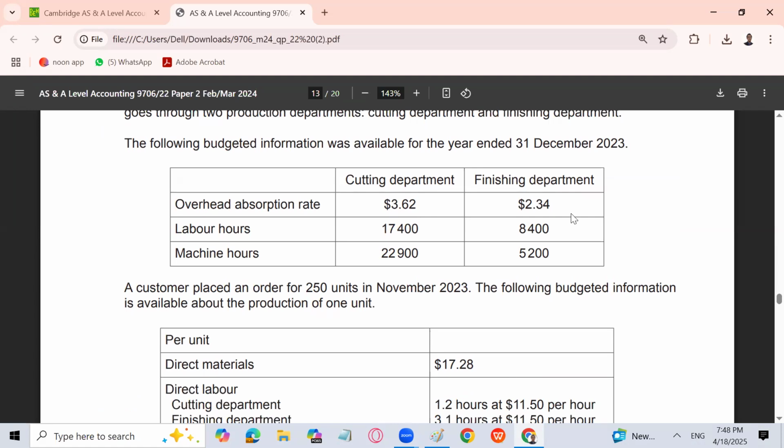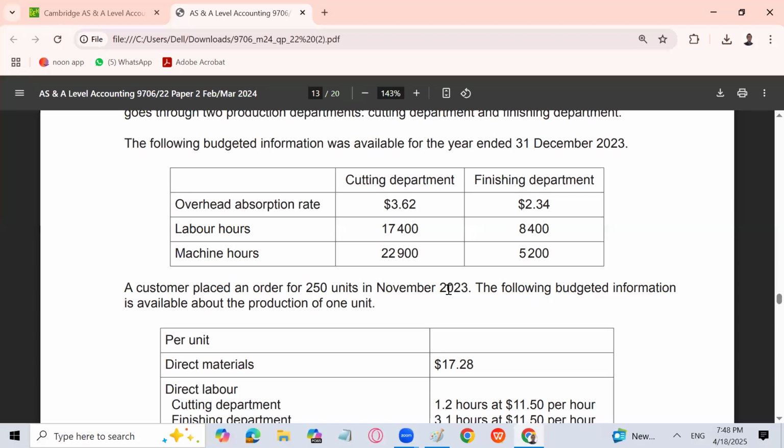3.62 for the cutting department, 2.34 for the finishing department. It means apportionment and reapportionment have been done, and the overhead absorption rate is calculated through budgeted overhead cost divided by budgeted hours. Labor hours and machine hours are also given.